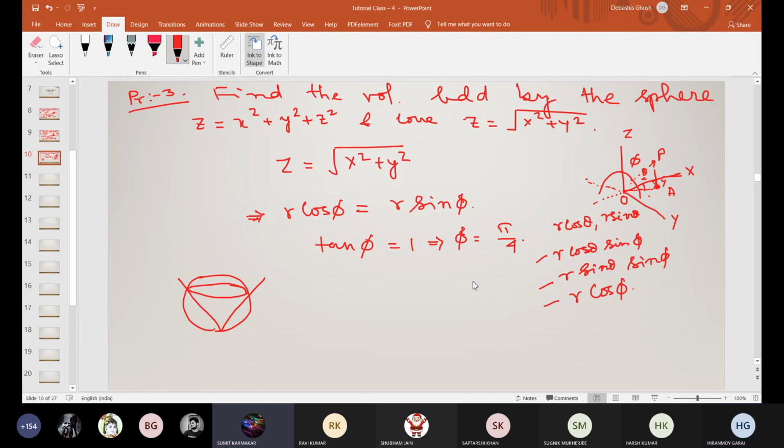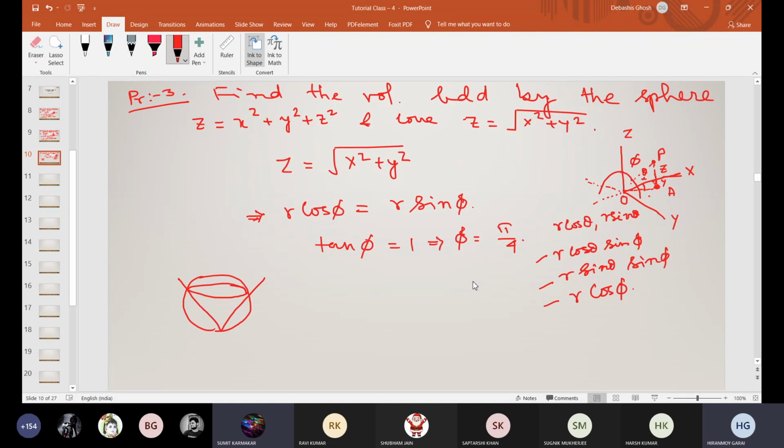This is z actually. Now we need to represent x and y in terms of phi.